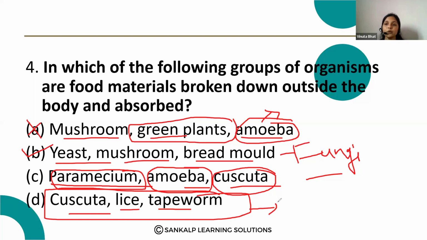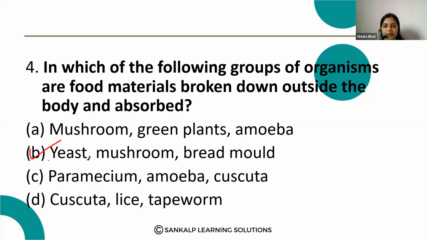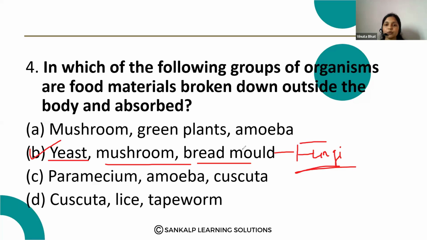They get their nutrition from other organisms. So the correct option is option B, yeast, mushroom, bread mold. These organisms belong to the fungi group. They break down the food materials outside the body, and after that they absorb it.